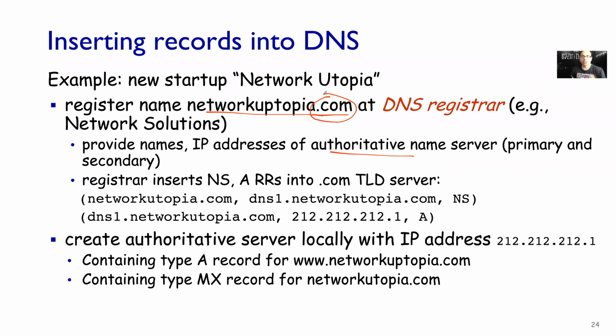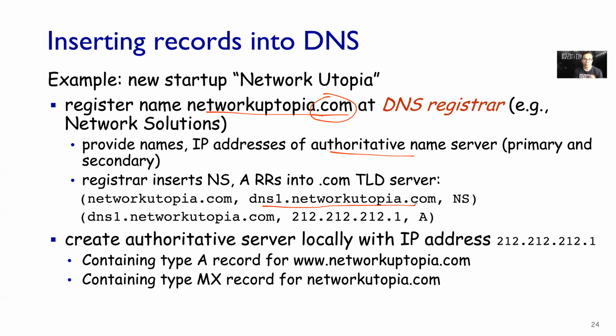So what you should be doing is setting up at least 2 authoritative name servers, a primary and a secondary one. So let's say DNS1 is your primary one, right? So you set up an actual server that's hosting this software, basically running a DNS name server.